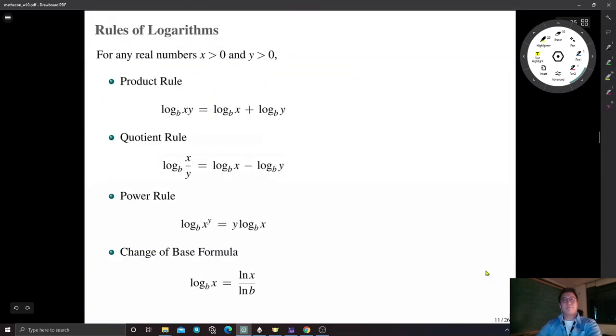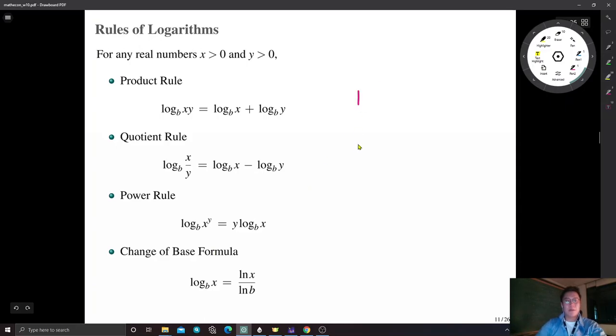And then some rules about logarithms. For any positive real numbers x and y, we have these four rules, which are immediate from the exponential function.